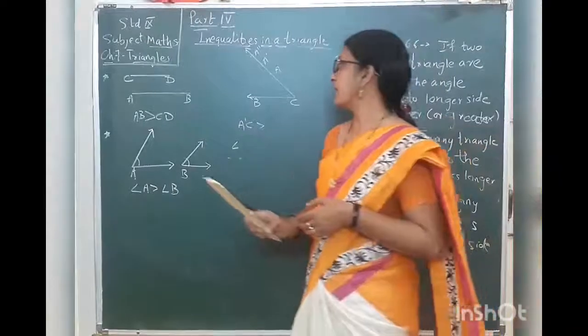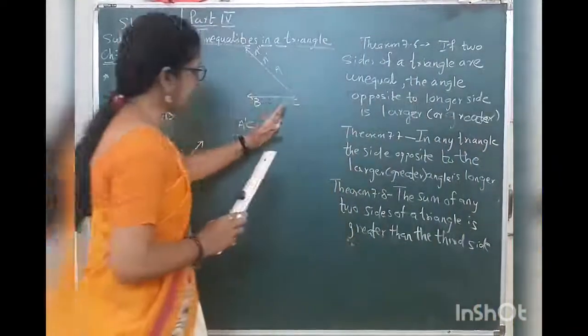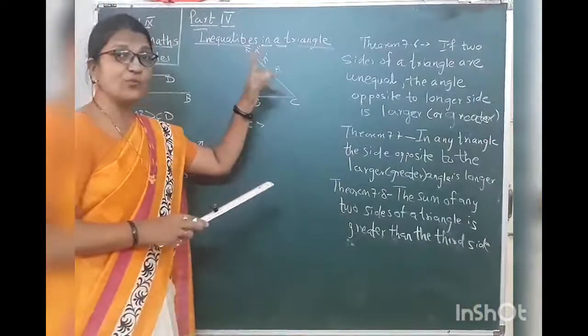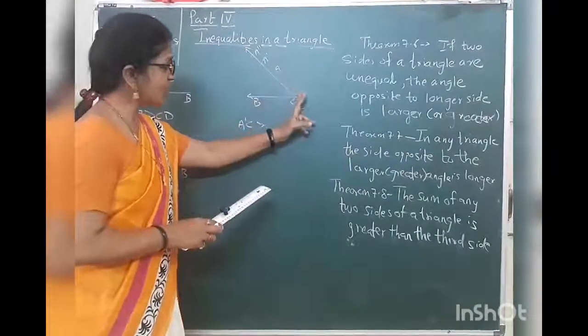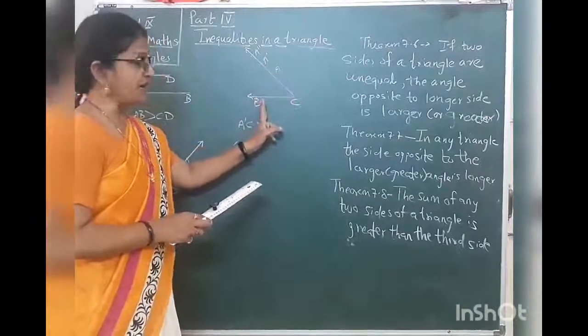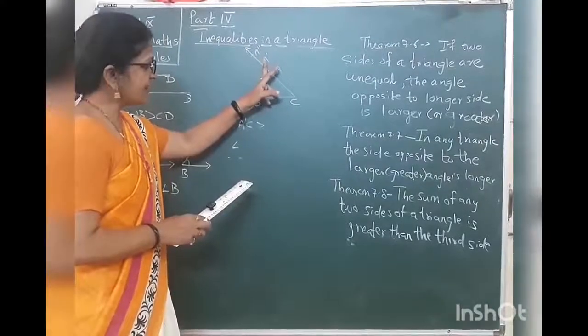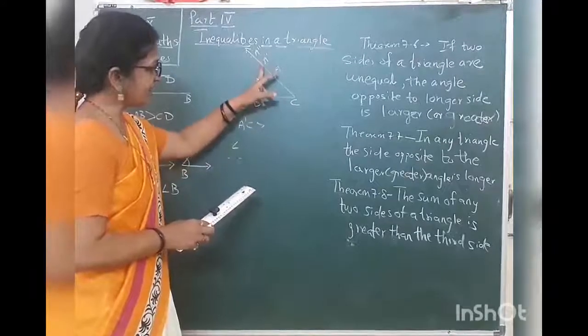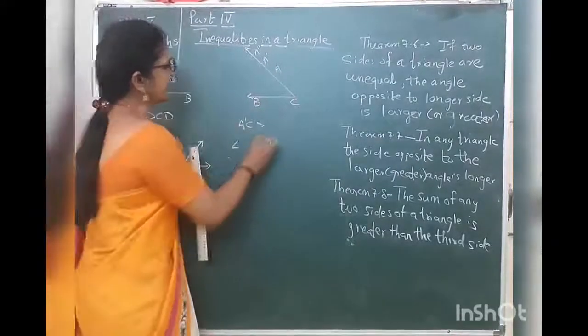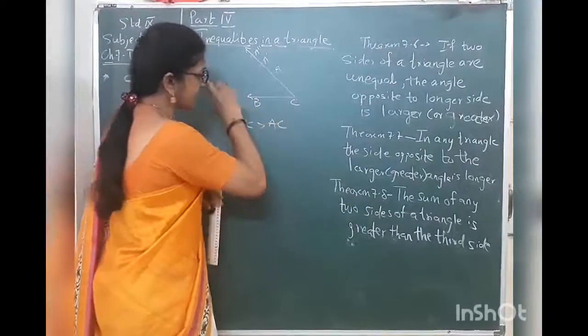Now we will see the next example. Here angle ABC is drawn. Now we will construct more points on arm CA of this angle ACB. If we construct this point A dash, we can say A dash C is greater than AC.